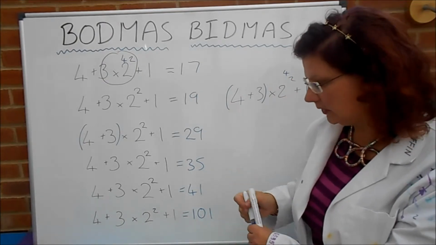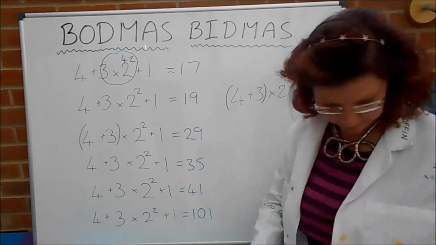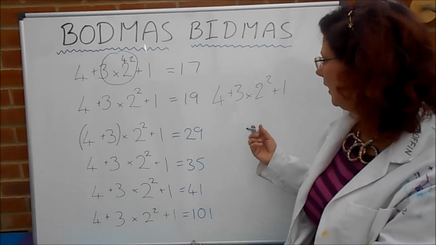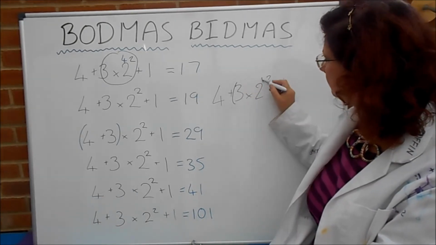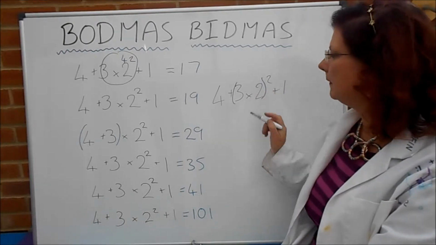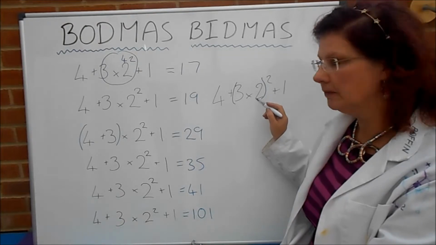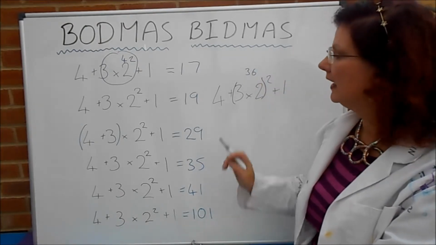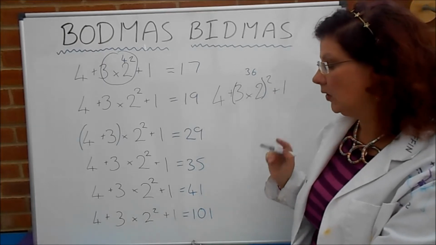Which one's next? Well, let's go with another one. We could put the brackets here, which means we do this multiply first and then the square. So 3 times 2 is 6, square that, we get 36, add 4 and add 1, we get 41.